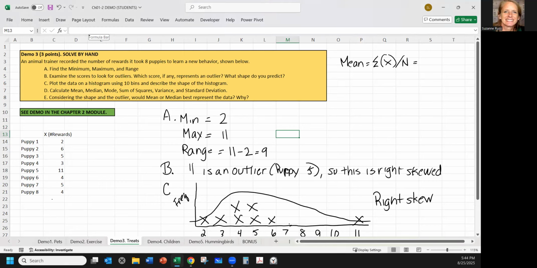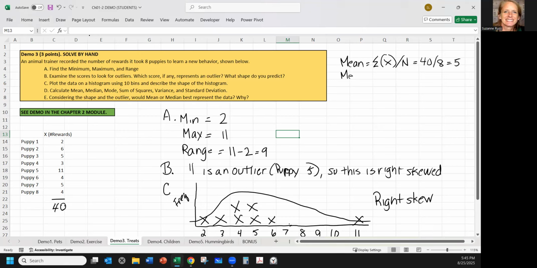So we sum up all these scores: 11, 15, 24 going down, 32, 38, and 40 is the total. The sum of all those scores divided by n is 40 divided by 8 equals 5. So the mean equals 5.